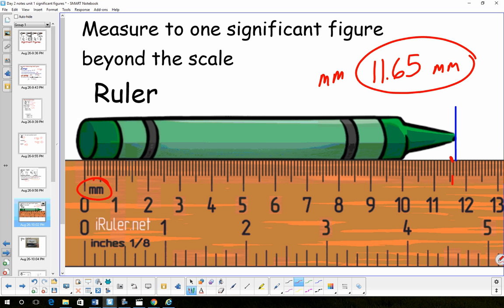Can you estimate the next number? 7, 6. If you're within 1 or 2 on that very last number, it's okay. So if, say, I put a 5 and somebody else put a 6, it's all right. Somebody put a 7 and I put a 5, that's okay. So you should be within 1 on that last one. It's just a guesstimate, okay? So this one right here is my unsure number, okay? But I want to have the for sure numbers. Okay, so let's go forward.